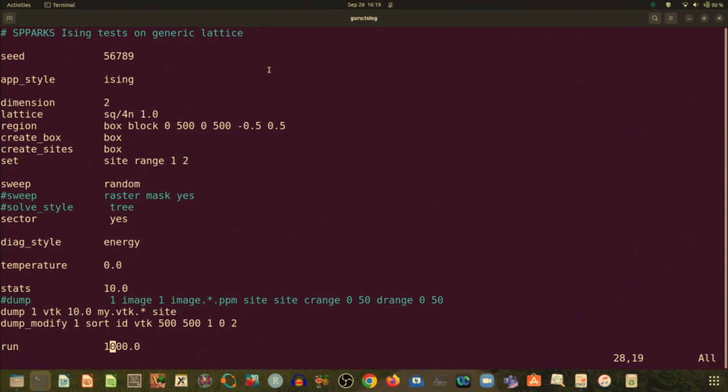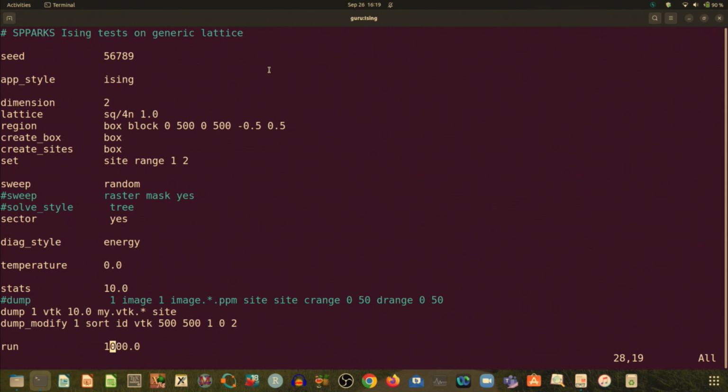After that there is also this other thing. Initially, because it was 2D, I was using VTK with some 500 by 500 and it would not print, and later there is some other place where it says if you are in 2D, you still have to give the third dimension, give it as 1. That information is there.